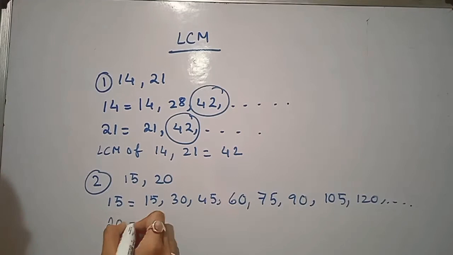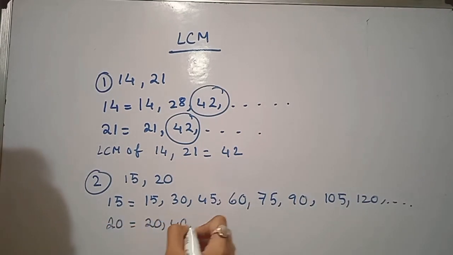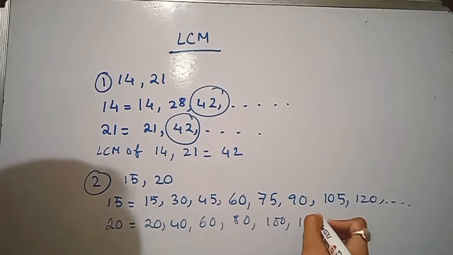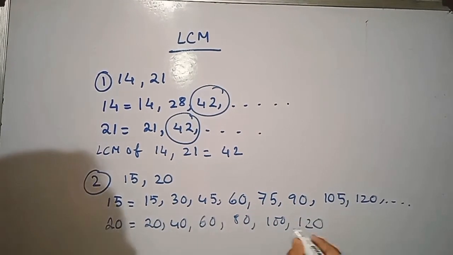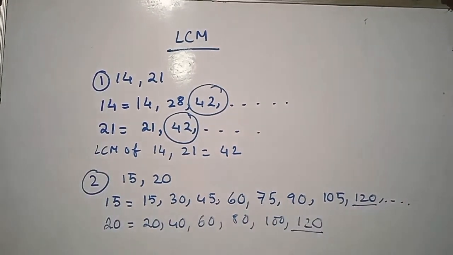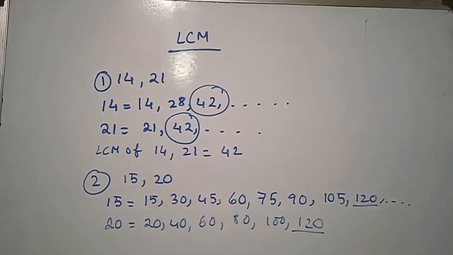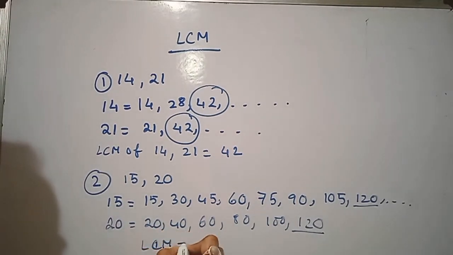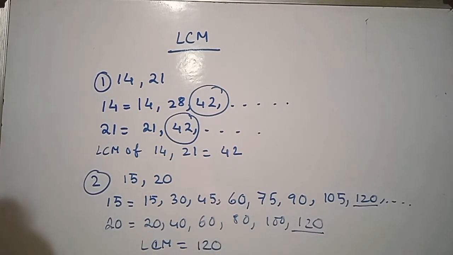Now 20: 20, 40, 60, 80, 100 and 120. As I can see, 120 appears in both cases. So 120 is the common multiple between 15 and 20, and this is the least multiple. So the LCM of 15 and 20 is 120.